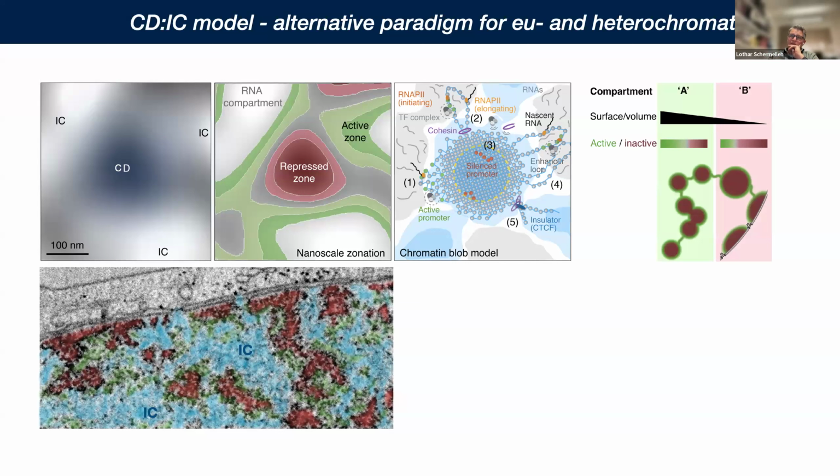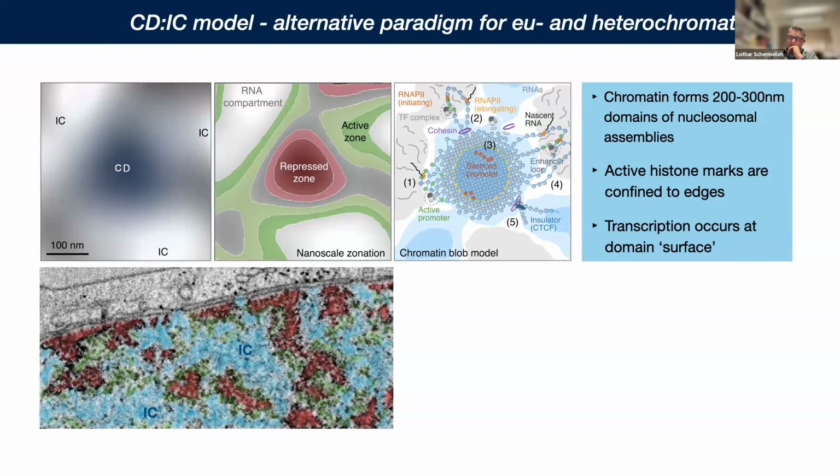So essentially, we think that it's the surface to volume ratio that is the differentiator between an active A compartment and an inactive B compartment.